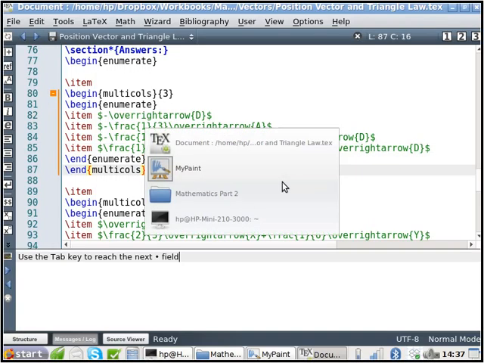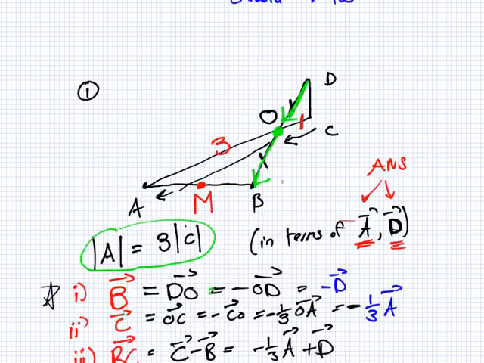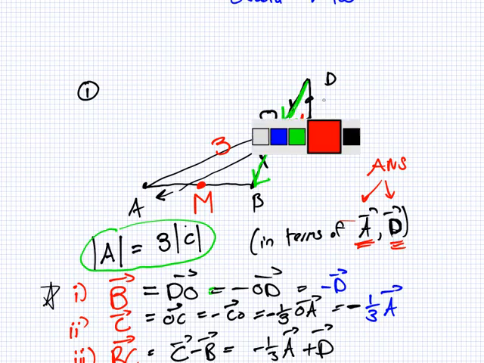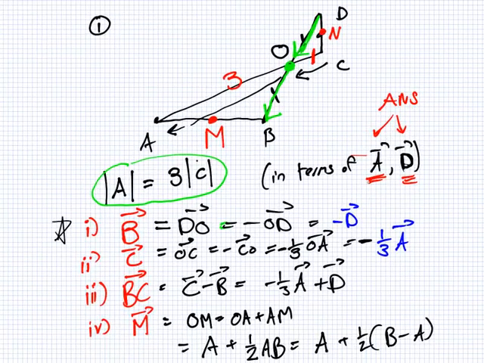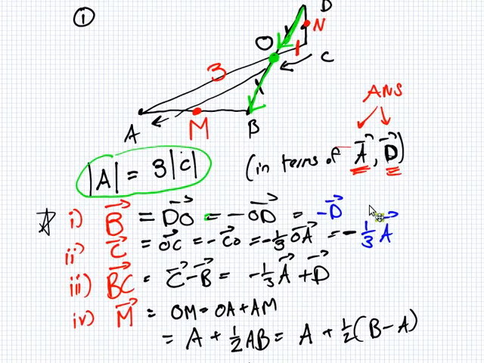Next, now let's have a look. Maybe we'll do another one with this one. I'll pick another point on it. Same picture. N is the midpoint of DC.